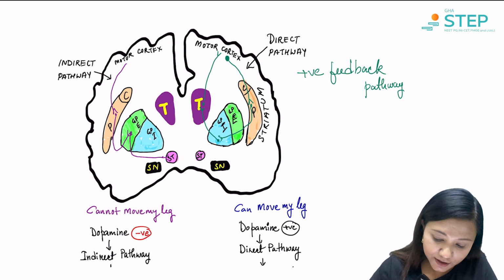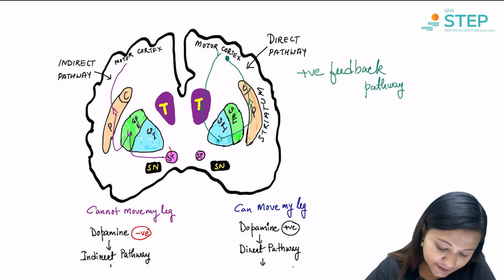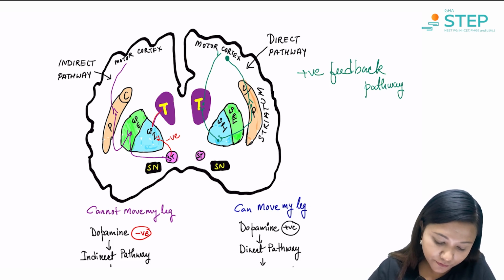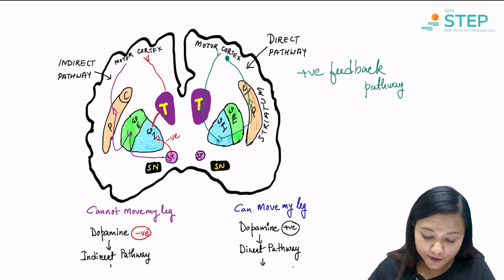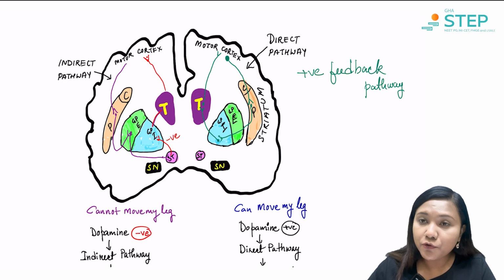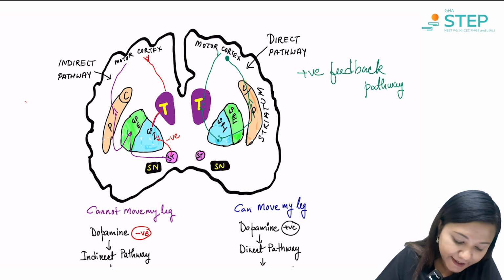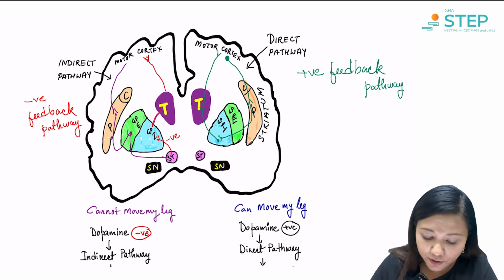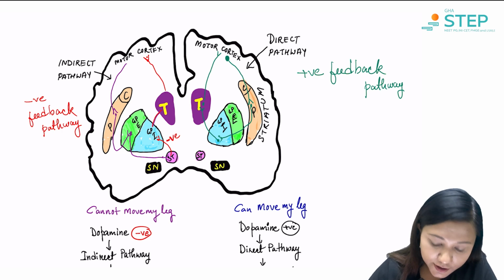What the subthalamic nucleus does is send a negative signal to the globus pallidus interna, and from the globus pallidus interna the signal goes to the thalamus, and from the thalamus to the motor cortex. In this pathway it is saying that the movement should not occur, because it is a negative feedback pathway, sending negative feedback from the subthalamic nuclei.